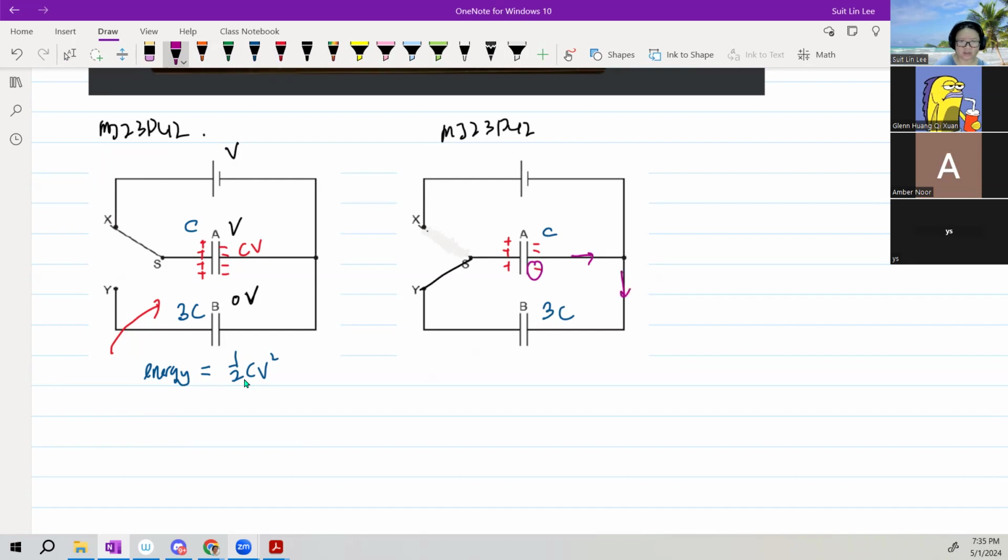So the electrons will go this way. If I look at current flow, it looks like series. If I look at potential difference, because charge will flow until the potential difference across A is equal to the potential difference across B, then it looks like parallel.